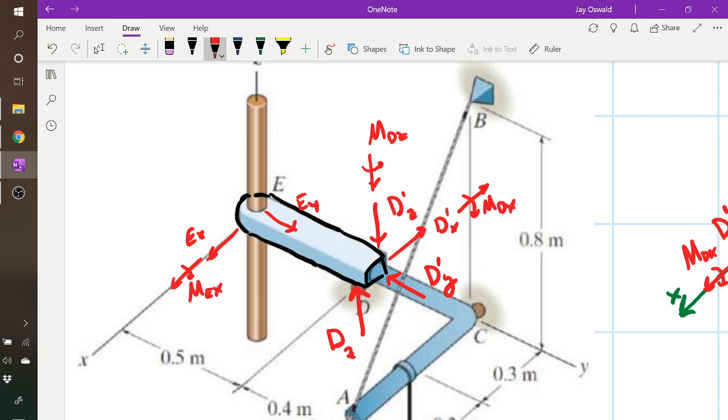Could I twist it about the y-axis? No. And MEY. Can I twist it about the z-axis? Yes. So I don't have a moment. All right, so you have to ask these questions to yourself. All right, now we'll just think as to where do I want to put my coordinate system. Here we might as well just stick with the original one.